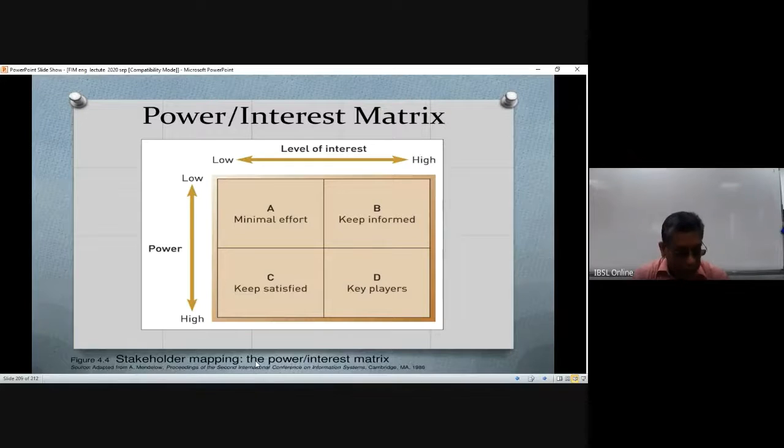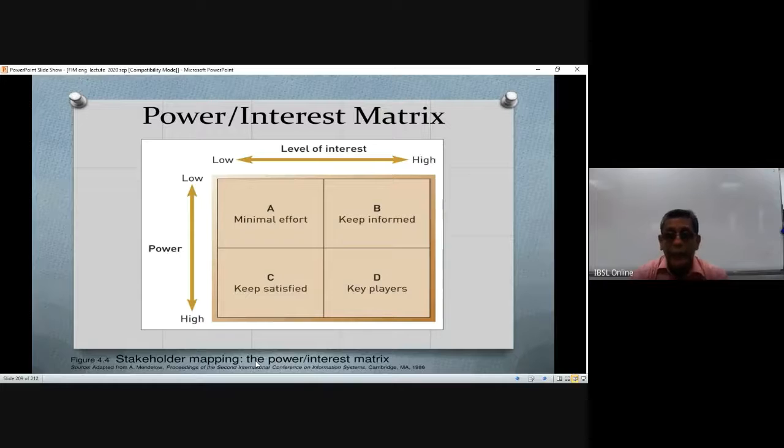The next group is keep satisfied. Why? Because the power is high, so they can move to another bank. So you need to understand them.